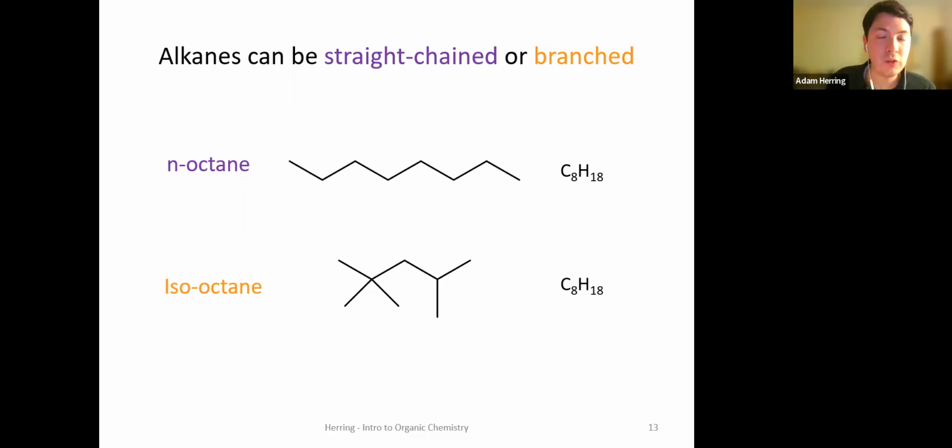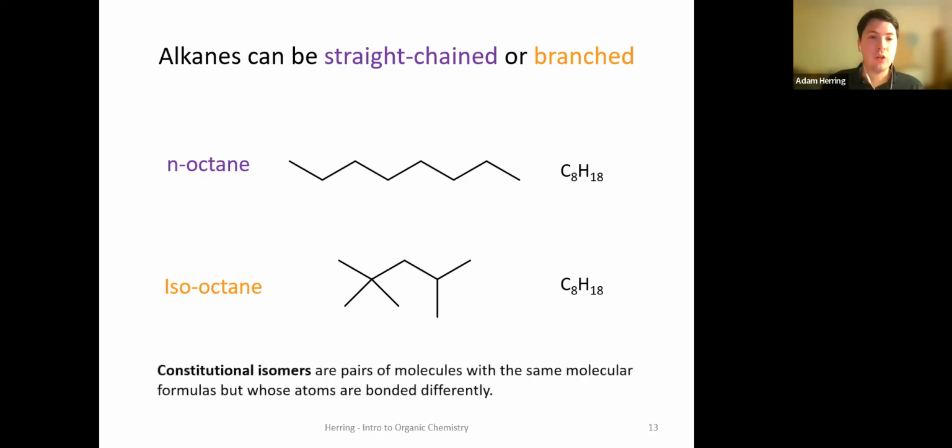Now, any of those can be what we call straight-chained or branched. If you take any given straight-chain hydrocarbon and rearrange some portions of it, it has the same molecular formula, but it's been rearranged into a different structure. We call those constitutional isomers.